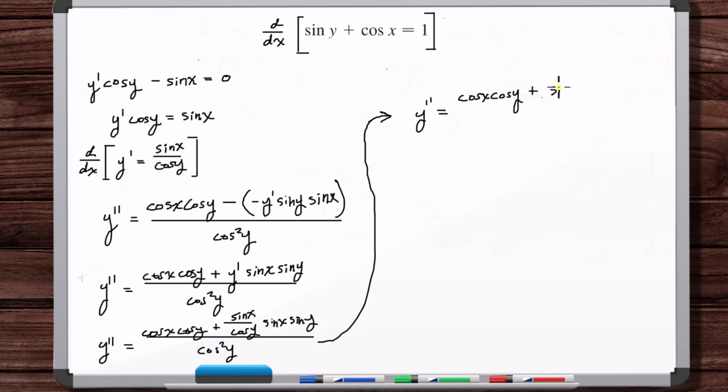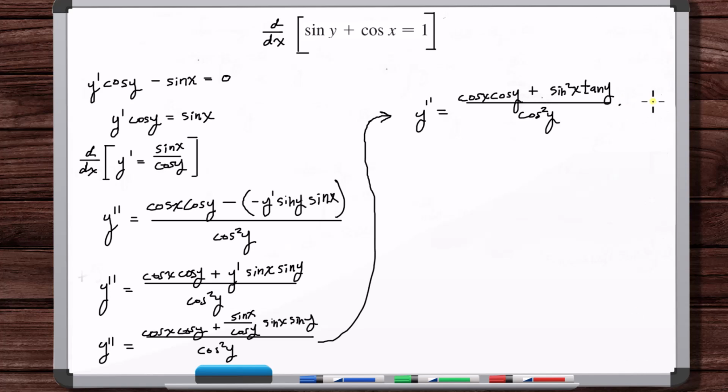So sine squared x tangent of y over cosine squared of y. Okay, now to me that seems like a good final answer, but the book continues to simplify.